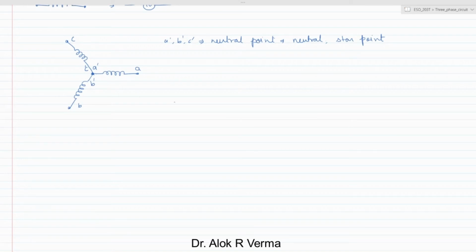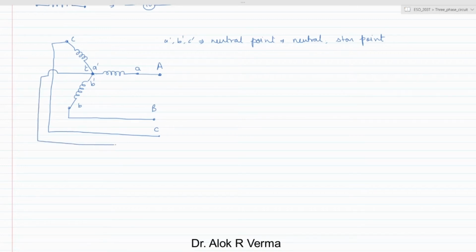When we look at the circuit in this direction, we have one voltage source here, another source terminal here, and one more terminal coming here. So this is A, B or C. Most of the time a neutral terminal will also be coming, and this is N. This is known as a three-phase, four-wire system, because there are only three phases but four terminals, as the neutral also comes out.